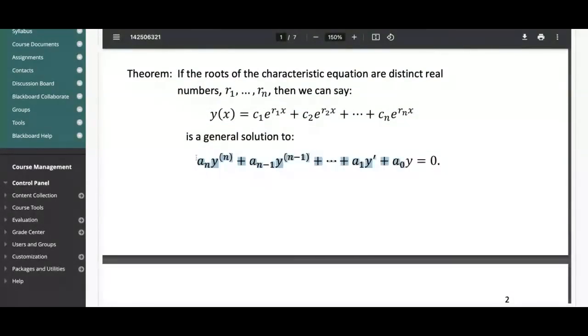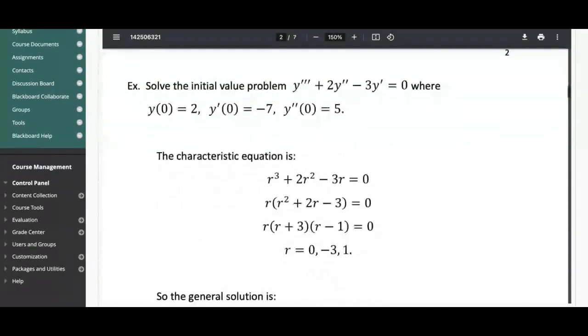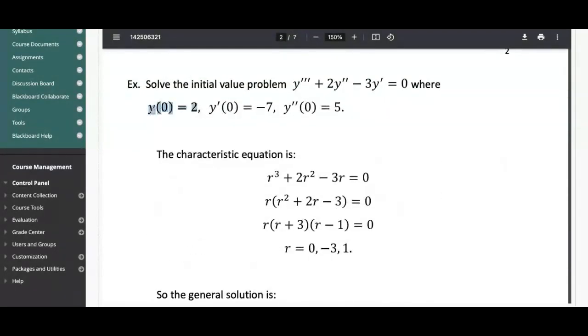This is our original nth order differential equation. Example. Given these initial conditions, up to the second derivative, for this third order differential equation, we want to find a particular solution.